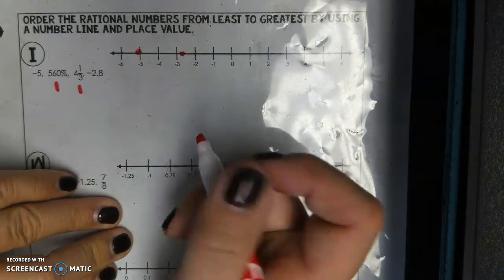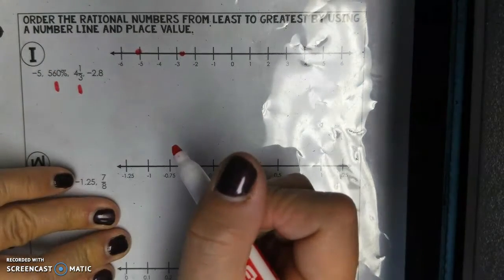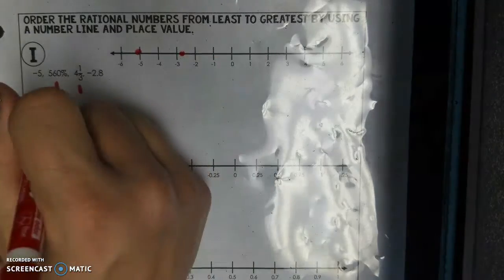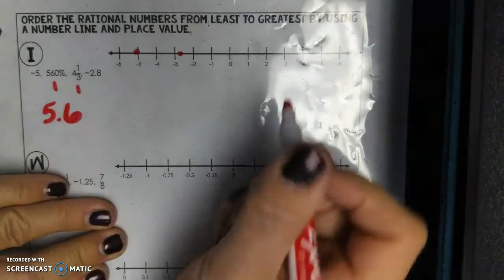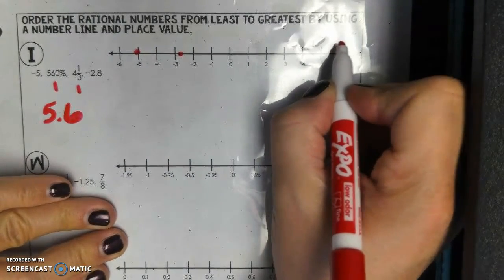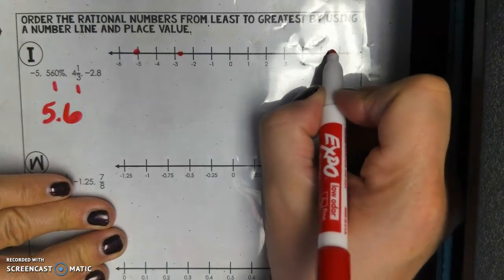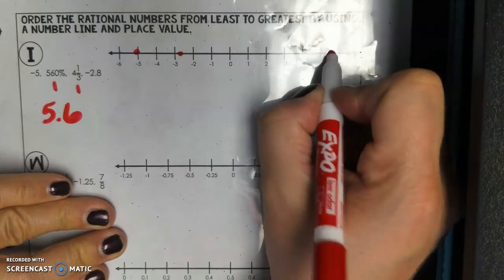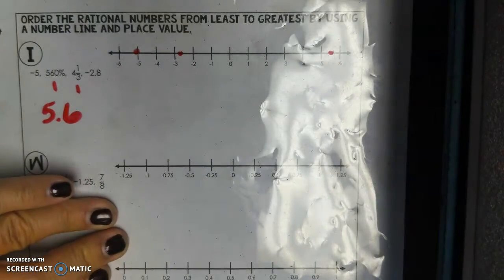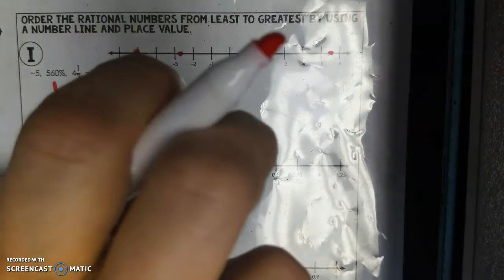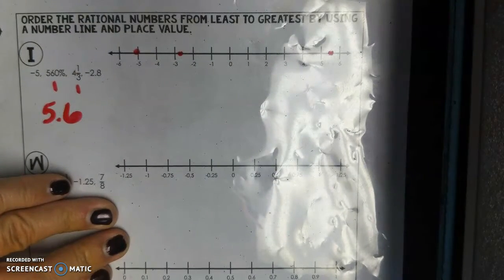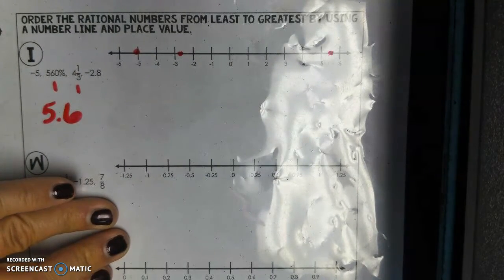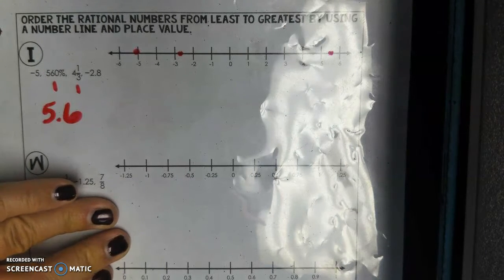560%. 560%, we know we can divide that by 100 to get 5 6/10. So that's going to be 5 5/10 would be right in the middle. So 5 6/10 is just a little bit more than 5 1/2. Kind of hard to see with my marker because it doesn't have a great tiny tip. And then my last number is 4 1/3. Well, 4 1/3, if I divide 1 divided by 3, I'm going to get 0.3 repeating.